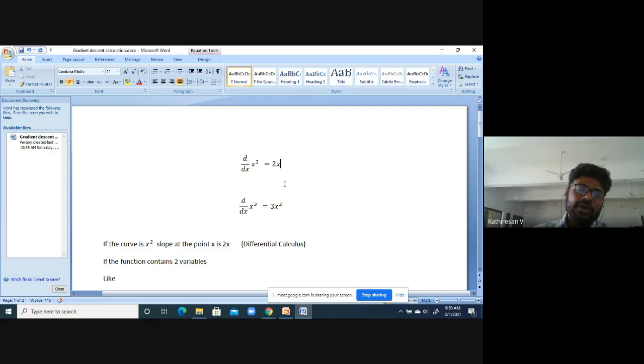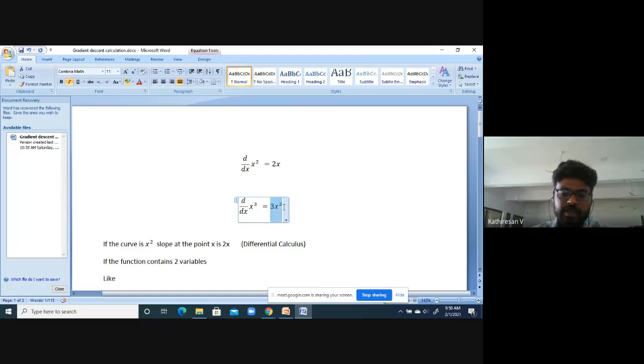See, if you do differentiation on any expression, if you are dealing with a single variable, you will get another expression like 2x and 3x square. Okay, this is nothing but the slope of a point in that particular curve.